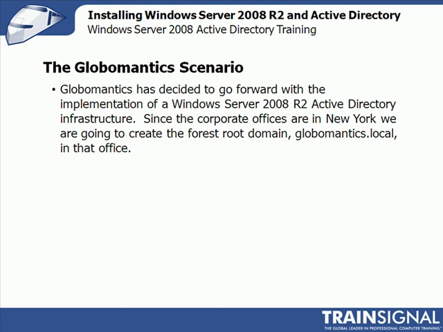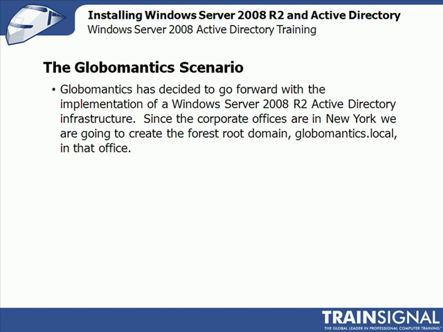The reason we want to do that is, well, one reason is for security. GlobalMantic.local, or I could even just say .local, is not valid on the internet. That's not a valid internet name. So it's a little bit more difficult to gain access to the internal Active Directory infrastructure if we're not going to use a name that is recognized out on the internet.